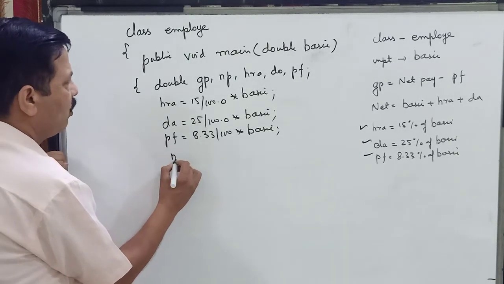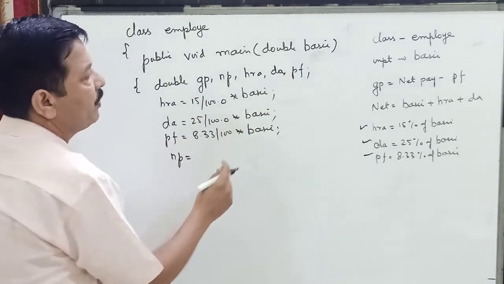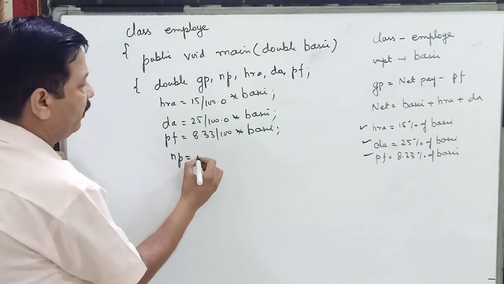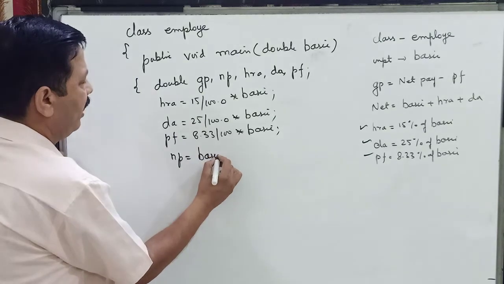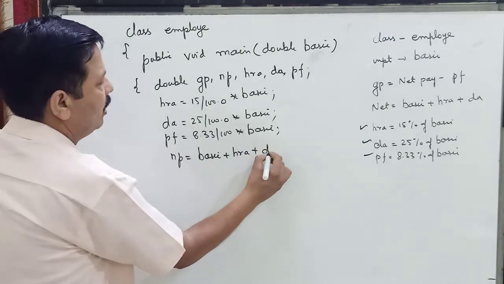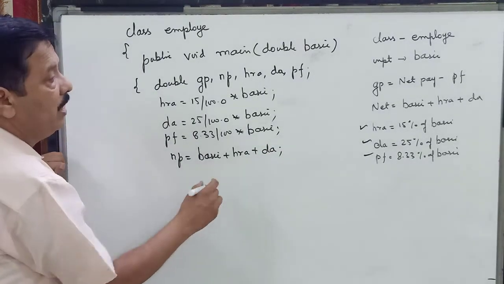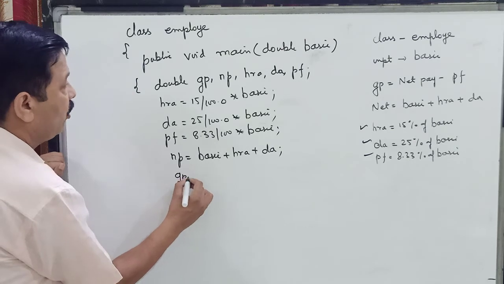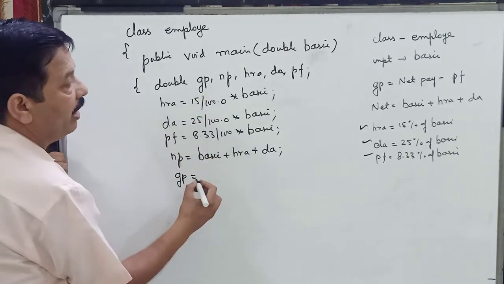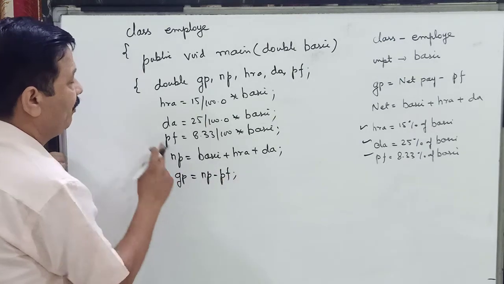Now children, I will calculate my net pay which I have taken over here. So this is DA, and my net pay is basic, which I already have as input, plus HRA, this value I have calculated, plus DA, this also I have calculated. So net pay has come. Now children, I can calculate my gross pay which I have taken here as a variable, and it will be net pay minus PF. PF also I have calculated.